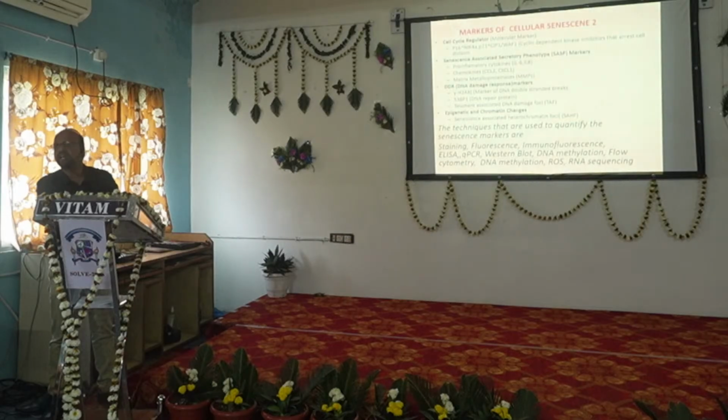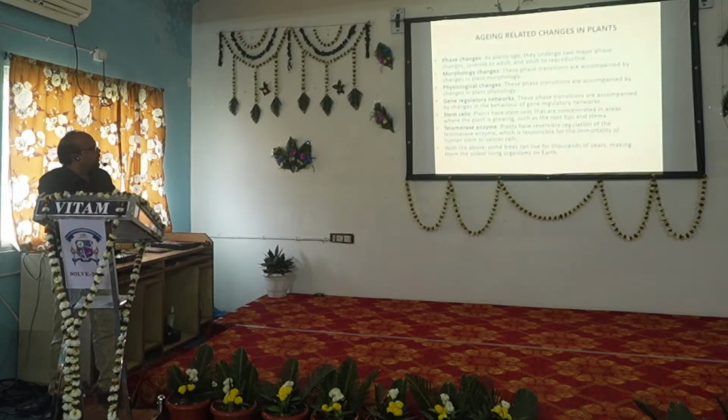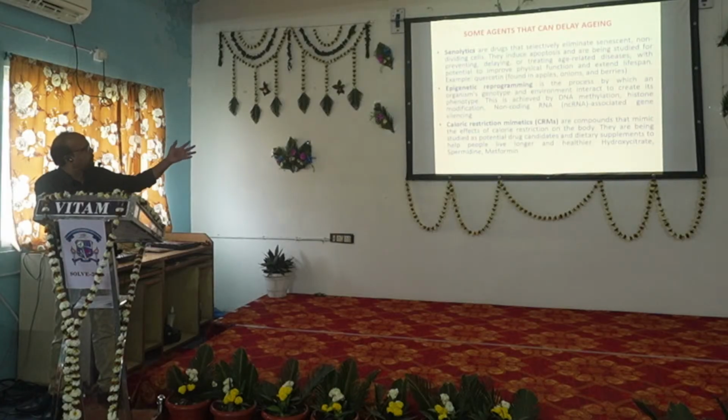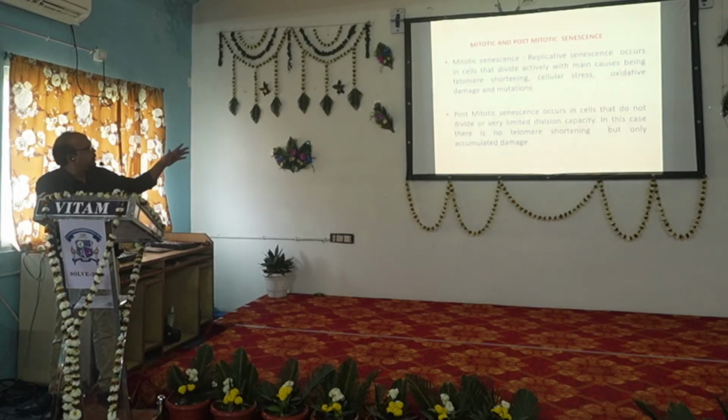Now aging related in plants: these are some reasons why some plants age faster and why some plants age slower. These are some agents that can delay aging, and some reasons are given on how to stay vibrant. There are a lot of things, mitotic and post mitotic senescence.